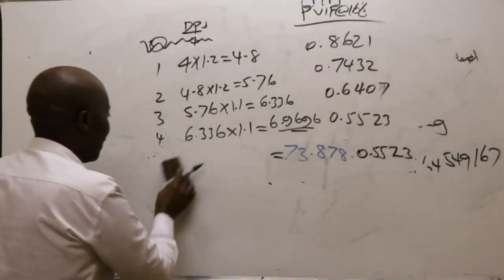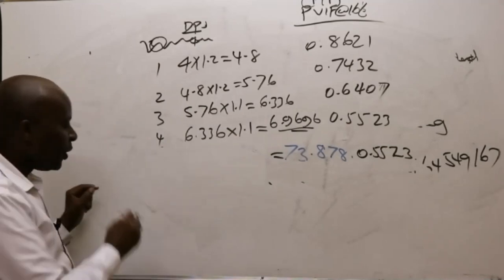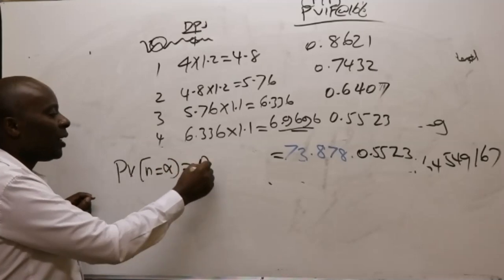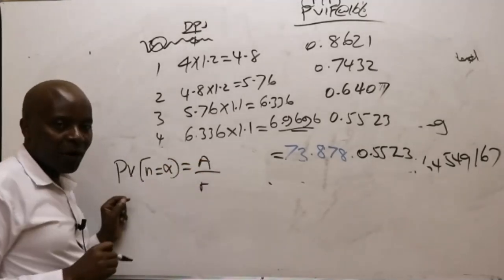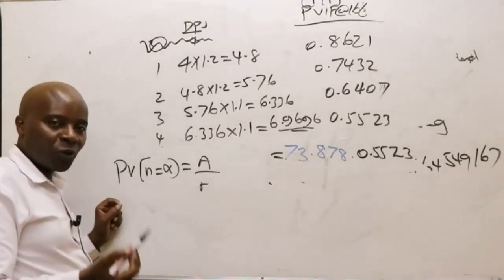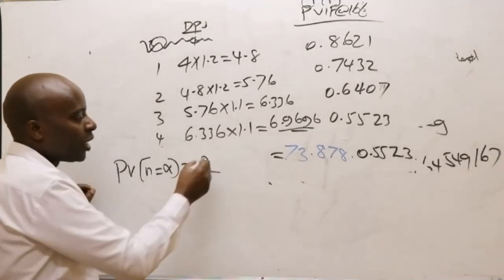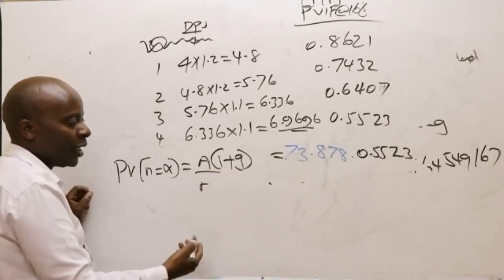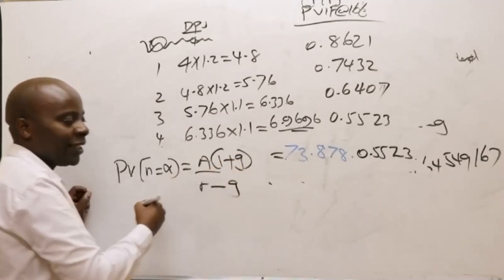Ladies and gentlemen, remember what we said. The present value, where n is infinity, is amount over R. But in situations where there are growth rates, this amount has to be multiplied with 1 plus g, and then of course you subtract the g down there.